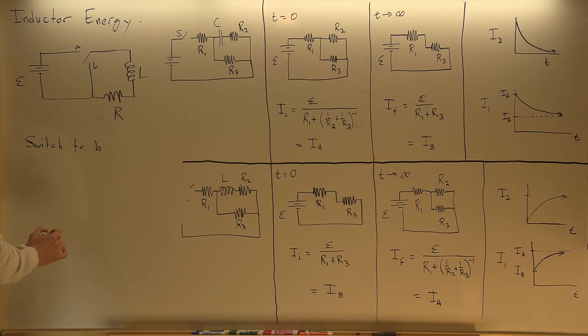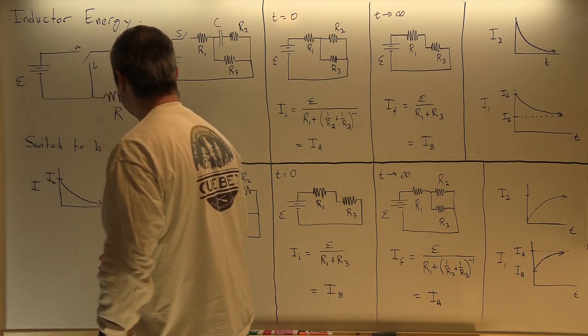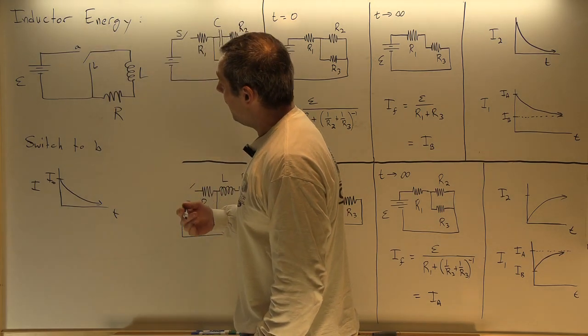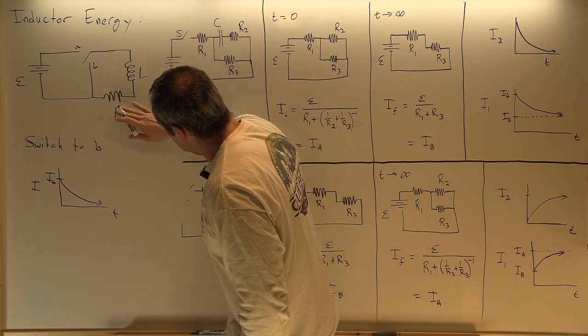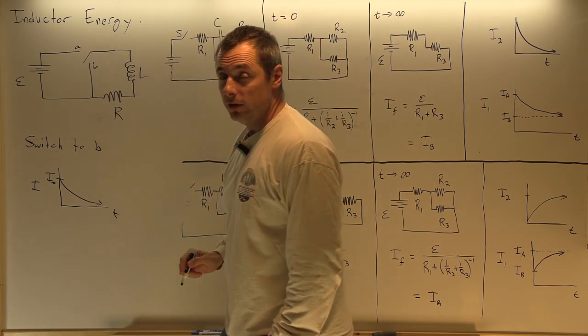what happens is the current will start at its I0 value, whatever it was before when the switch was in A, and it will exponentially decay and go to zero. But what that means is that while the current is decaying, it's still driving current through the resistor.